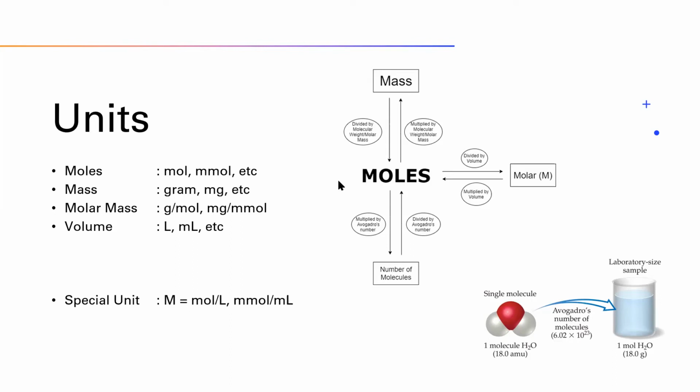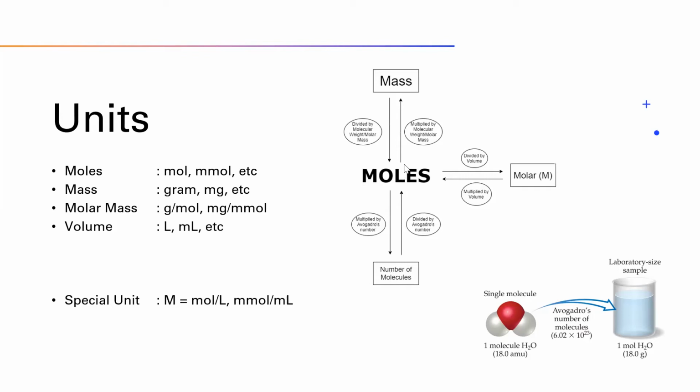When we have 1 mole, it means it consists of 6.02 multiplied by 10 to 23 molecules.